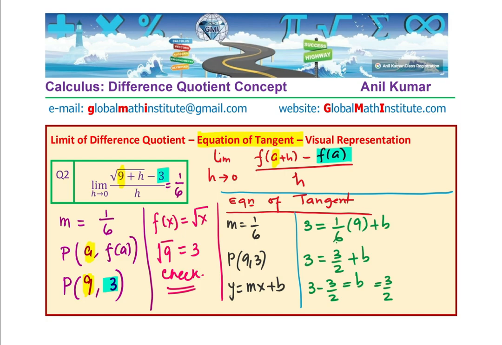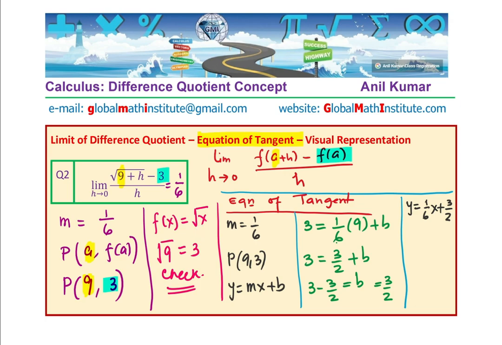So now you can write down the equation, which is y equals 1 by 6 x plus 3 by 2. Make sense? So that becomes the equation of the tangent line. The function here is the square root of x.